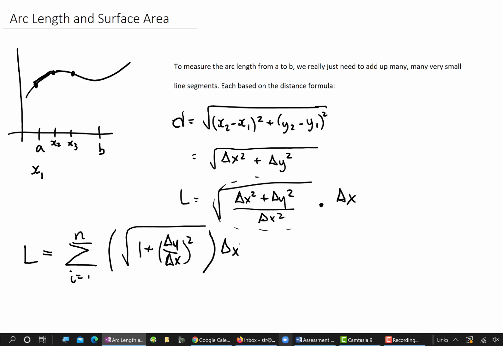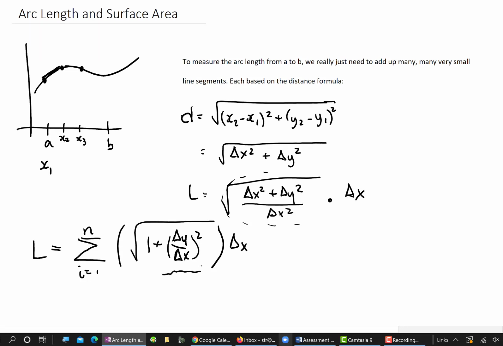Since this piece here is the slope, we can come up with a formula S for arc length. This is equivalent to the integral from a to b of the square root of 1 plus the derivative of the function evaluated at x, squared, dx. And so this is where the arc length formula comes from.